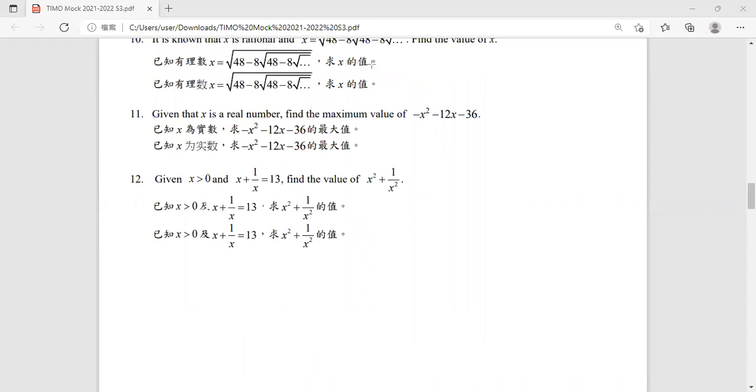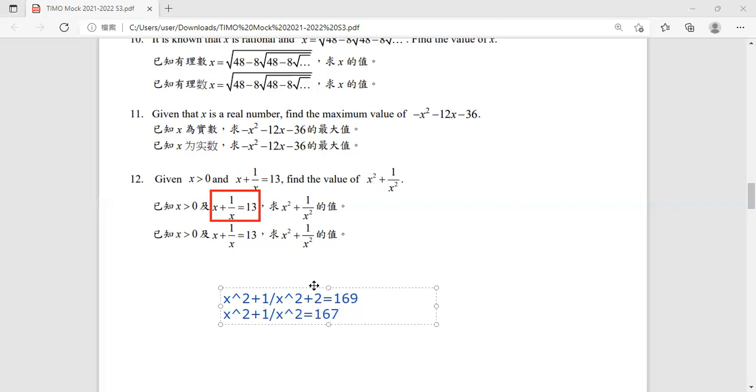Square both sides, and you will get x squared plus 1 over x squared plus 2 equal to 169. And they almost finish. Which is 167. Too easy for you.